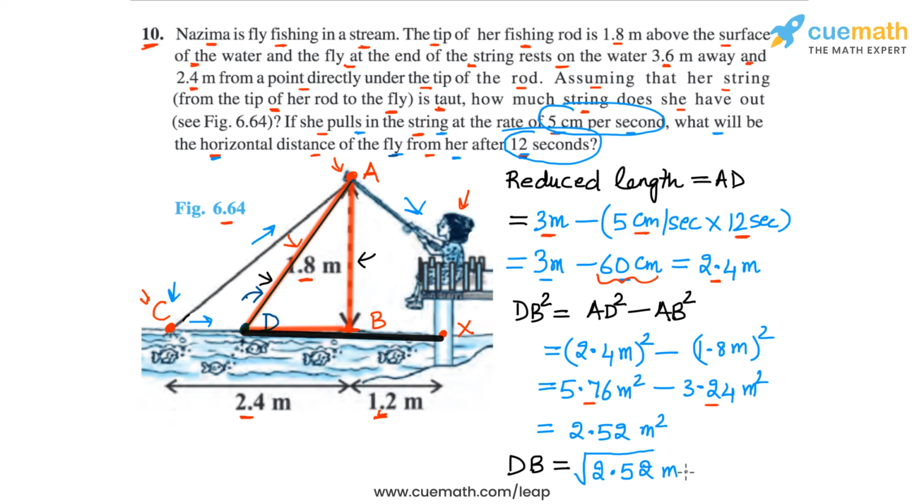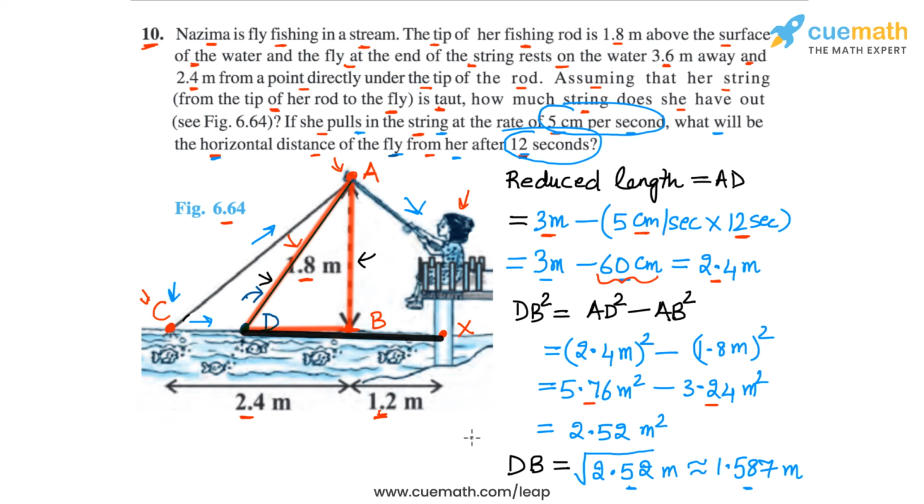I'm not going to show that calculation here. I'm directly going to make use of the fact that this is roughly equal to 1.587 meters. And what you can do is pause the video for a few moments and verify this calculation. Verify that this square root will be roughly 1.587.